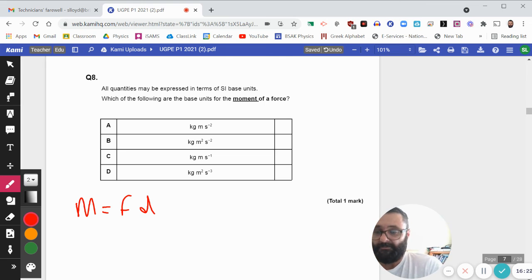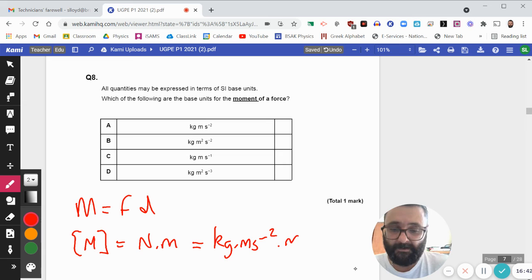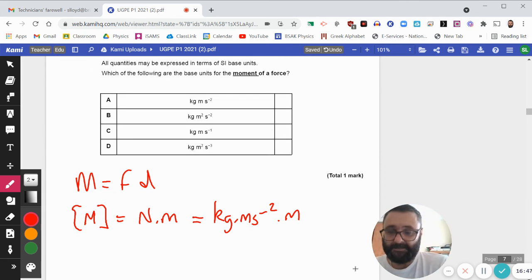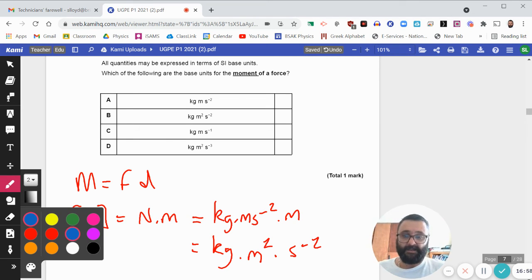So the units of moment are newtons times meters. Is the newton a base unit? No, it's not. But force equals mass times acceleration. So kg m s to the minus 2 multiplied by meters. And then tidying up, we've got kilograms m squared s to the minus 2. The answer is B.